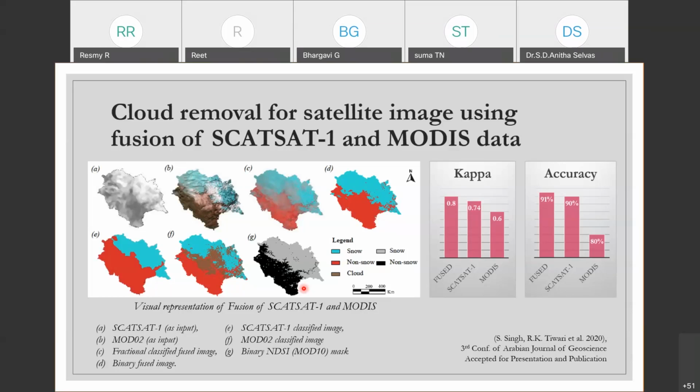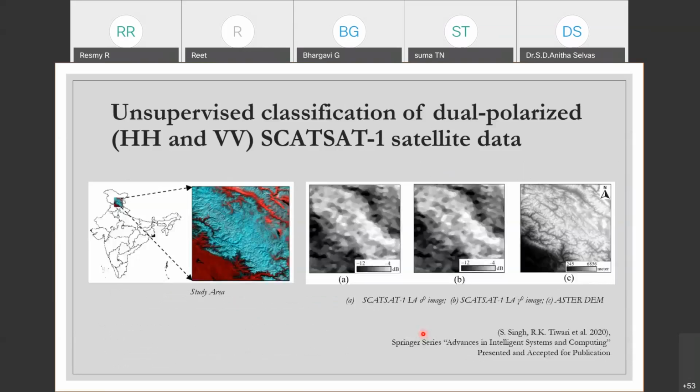Earlier I said that we have used the ANN model. Even if we don't go for complicated models like ANN, we can use simple unsupervised classification with the SCATSAT-1 data, and we can achieve good quality results, which is shown in this figure.